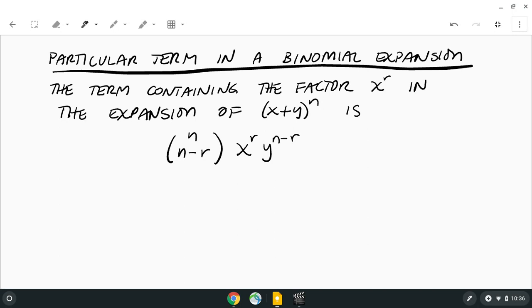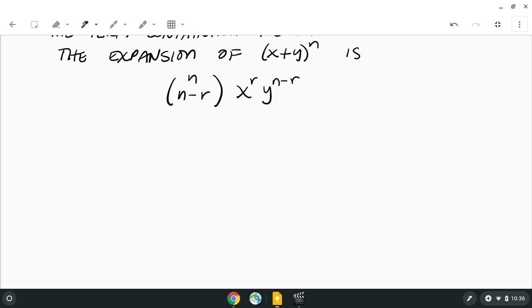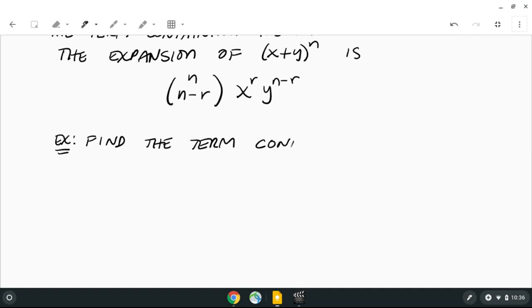Okay, so let's take a look at an example of this. Find the term containing x to the 10th. So that's the r.